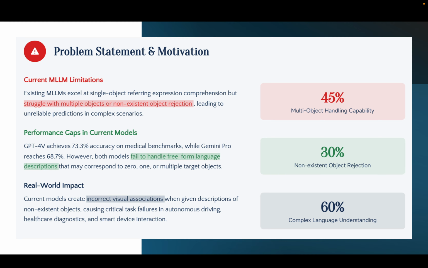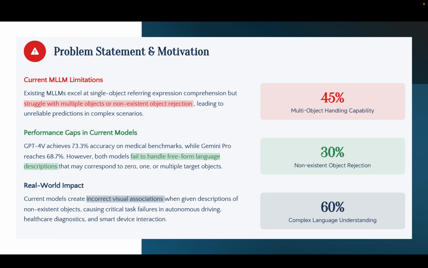Even pretty advanced models like GPT-4 or Gemini also mismatch a lot. Basically, they struggle with free-form natural language. Real descriptions involve actions, relationships, and negatives, and today's models handle that correctly only part of the time.